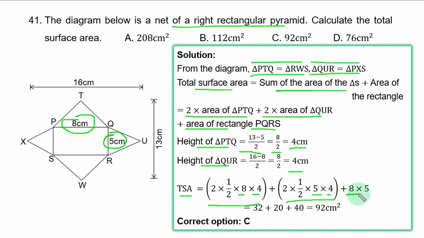This is the area of the rectangle, length times breadth. When you simplify, you have 32 plus 20 plus 40, that is 92 square centimeters. 2 cancel 2, you have 32. 2 cancel 2, you have 20 remaining. 8 times 5 is 40. C is the correct option.